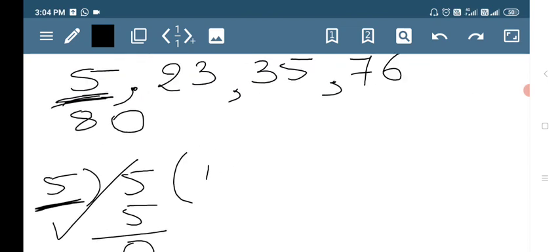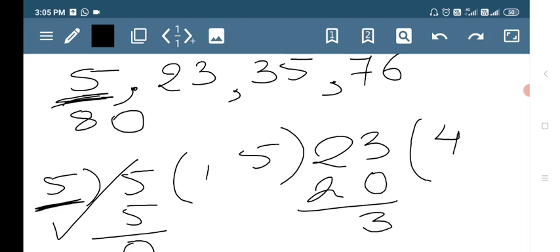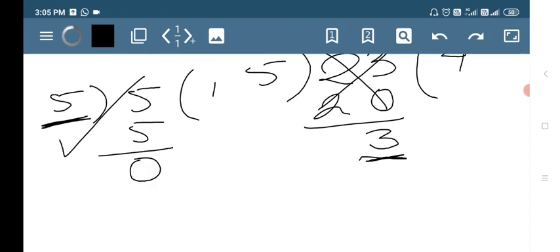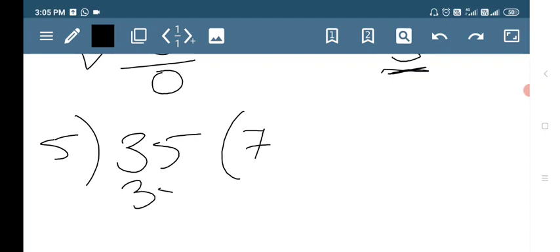Next, 23. 5 fours are 20. Remainder is 3. It is not divisible by 5 because the remainder is not 0. Next number is 35. 35 divided by 5. 5 how much are 35? 5 sevens are 35.